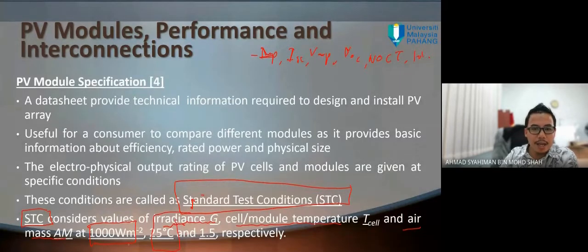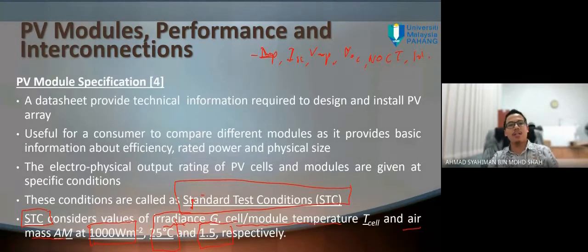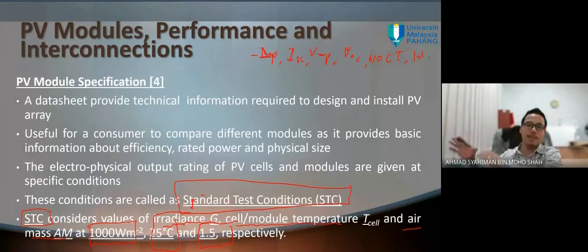And air mass is 1.5. When these three conditions are fulfilled, it can be called the standard test condition. The specification of the solar module in the data sheet provided by a certain manufacturer, for example with that STC condition, means it fulfills all these three conditions.